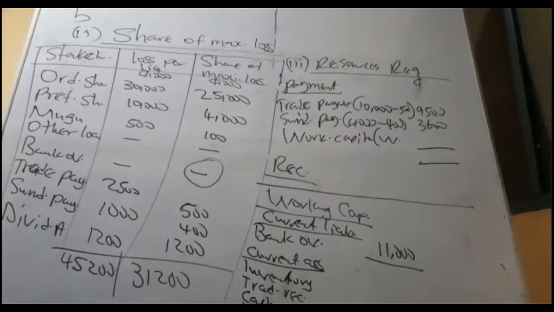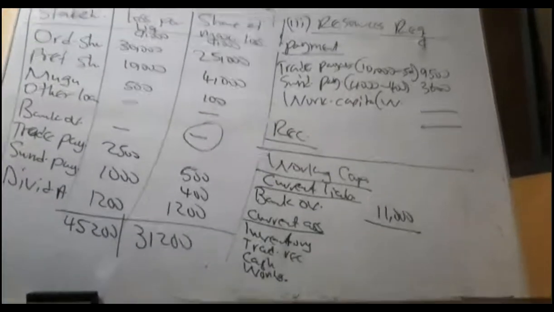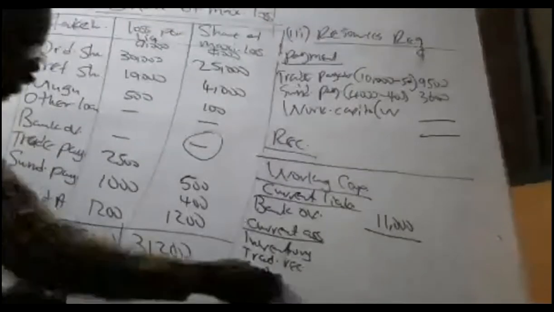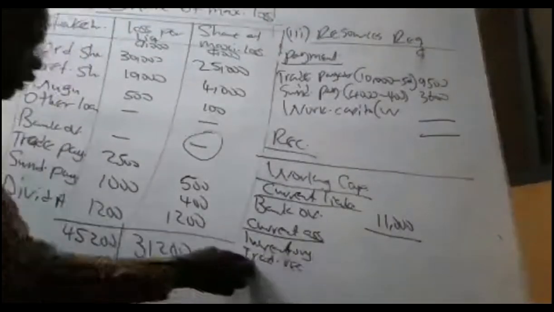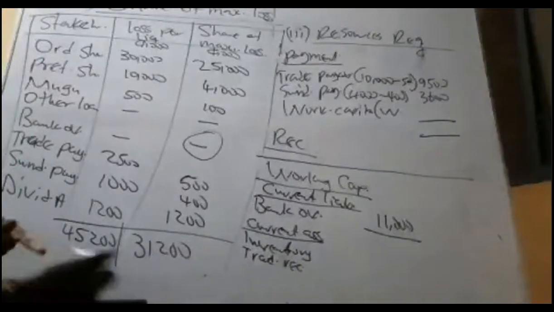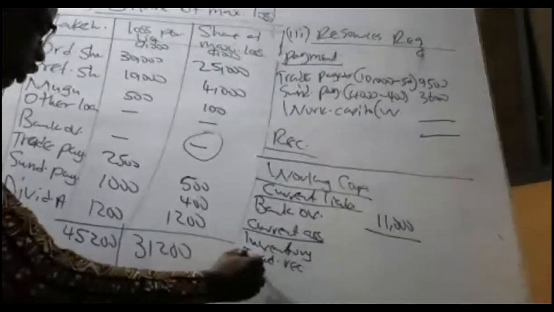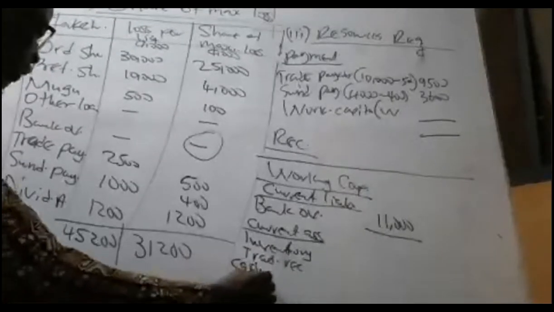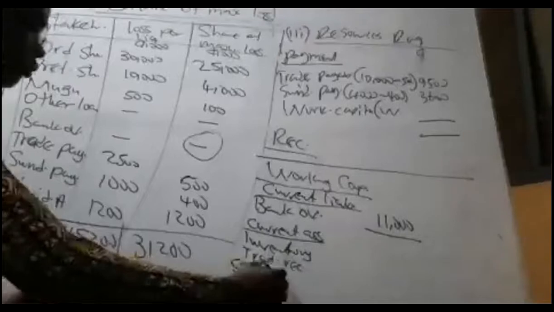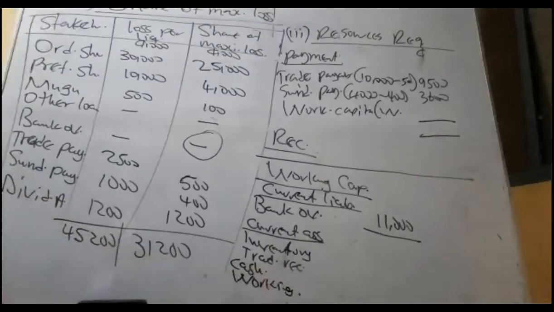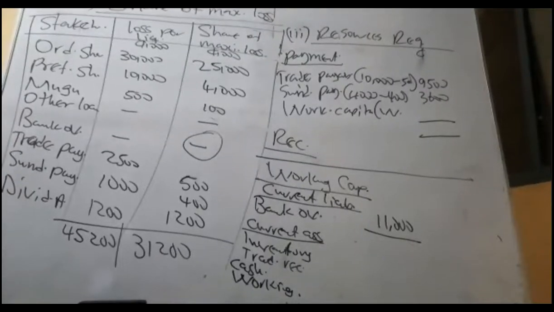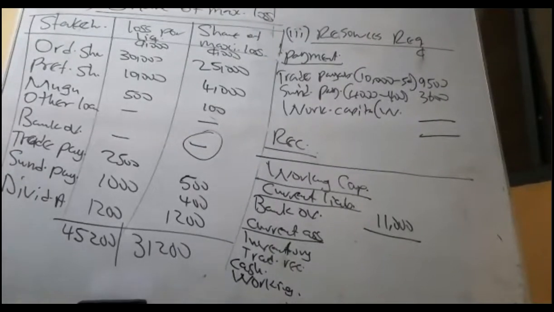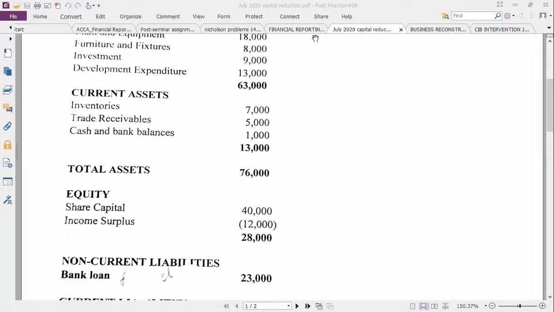Perfect. So let's go down small. So cash, if there's cash in the question, so here will be cash. And here will be working capital requirement, the balancing figure. So let's see. Inventory in the new business, what will be the inventory value? We have to pick the going concern value.